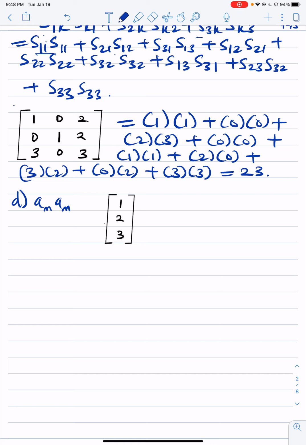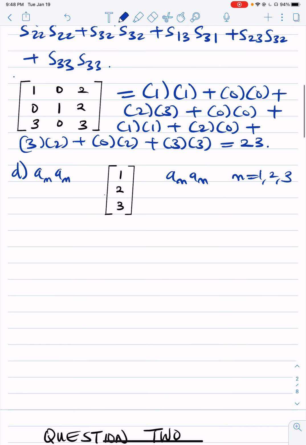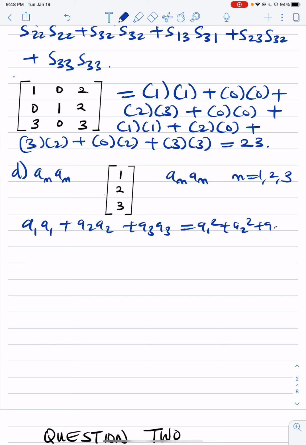Now you're trying to pick out the entries. Let's look at it this way: M equals 1, 2, and 3. So A1 squared plus A2 squared plus A3 squared.